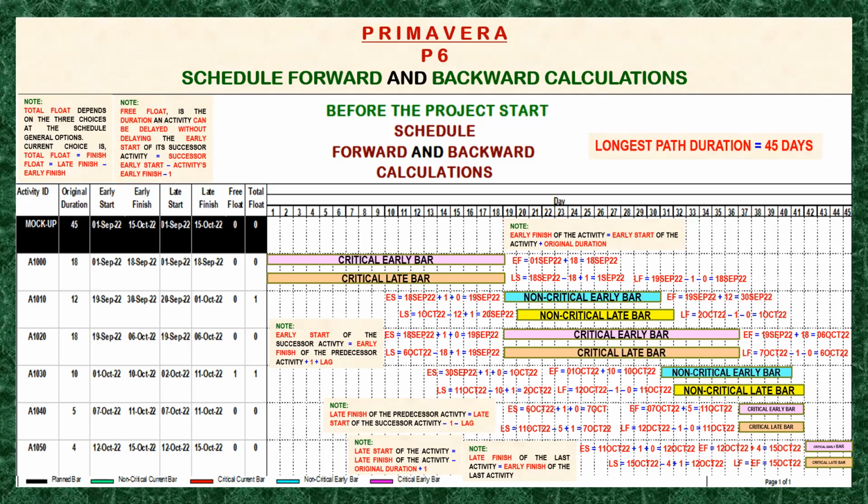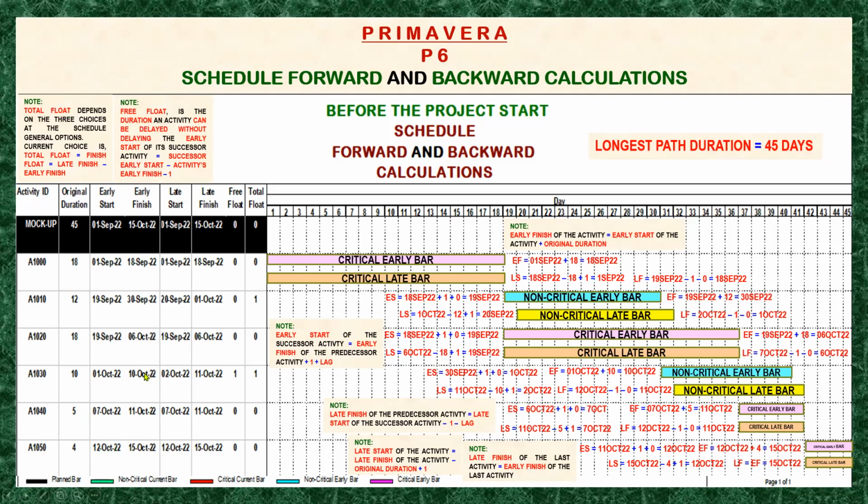Okay, what else? If you look at A1030 here, the early finish is 10 of October, and A1050 here, which is its successor, the early start is what? 12, right? So that means it is a 1 day gap.